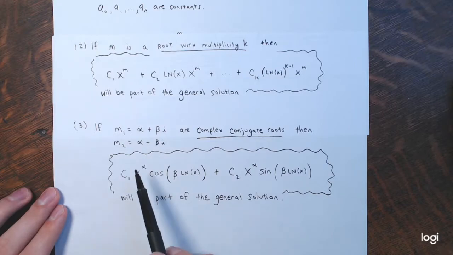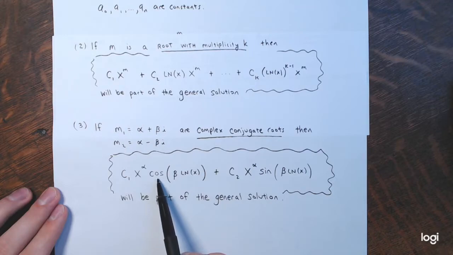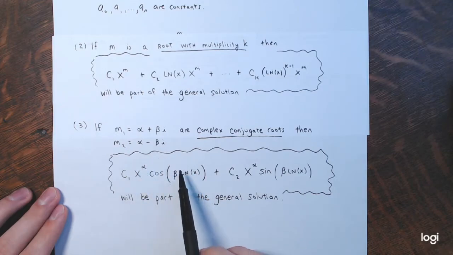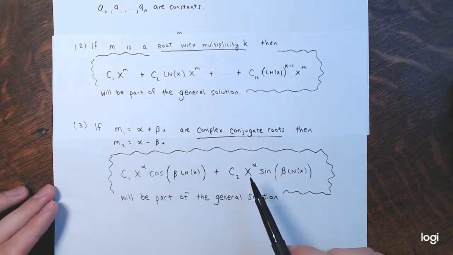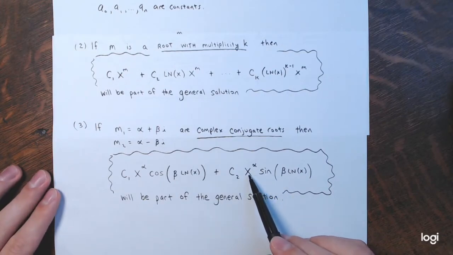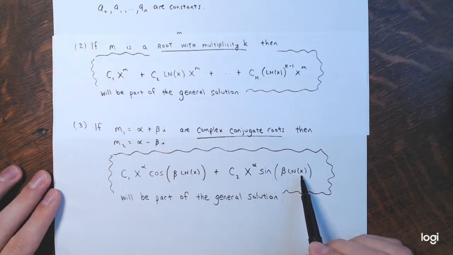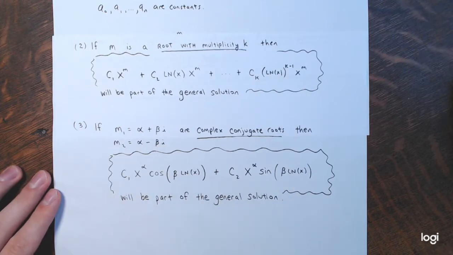Well then, x to the alpha times the cosine of beta times the natural log of x, all this inside the cosine, would be one solution to the differential equation, and then a second independent solution would be x to the alpha times the sine of beta times the natural log of x. And then any linear combination of those will be part of the general solution to the homogeneous Cauchy-Euler equation.